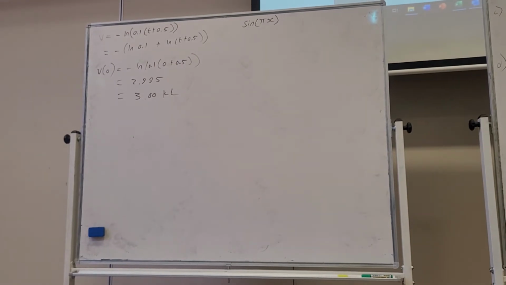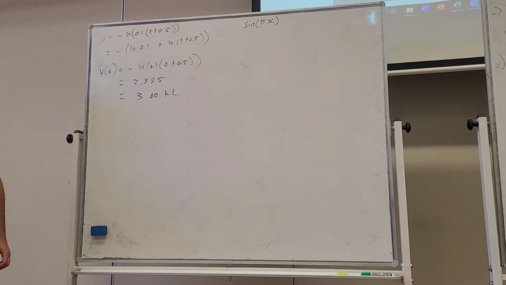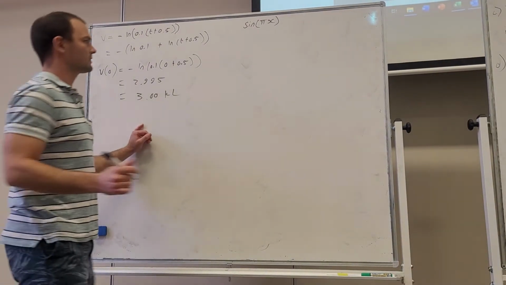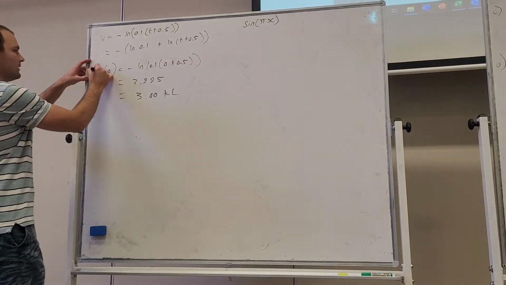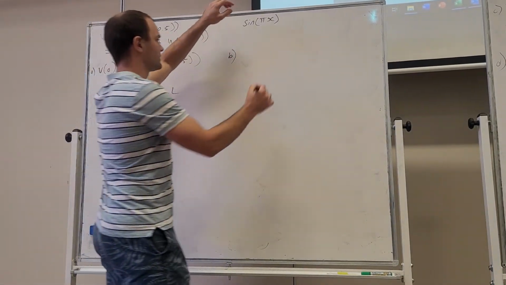Okay, when is the tank fully empty? If this is the volume in the tank and there's water leaking out of it, when is it empty? It's empty when the volume is 0. So that was part A, here's part B. We're trying to solve when the volume equals 0.